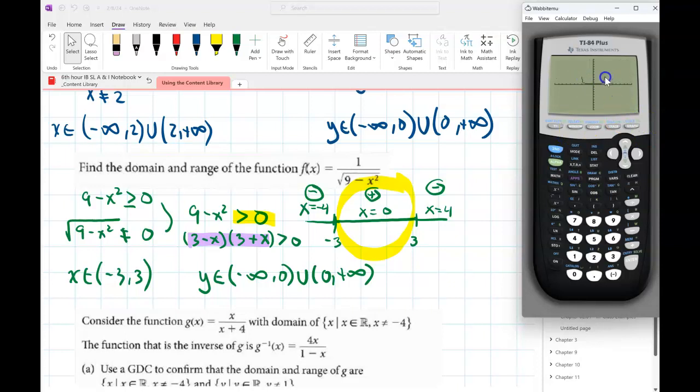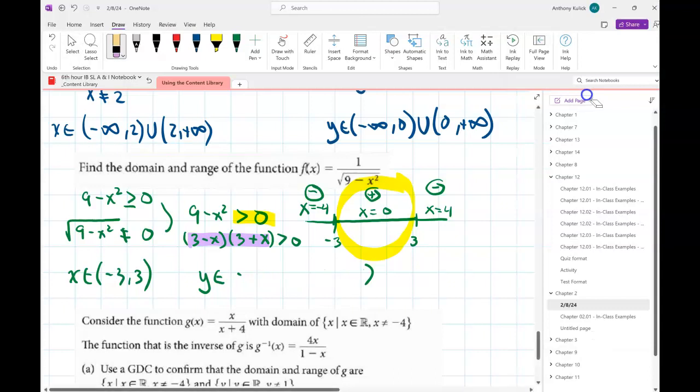You guys see how it looks like the graph stops? It doesn't actually stop there. The graph is just getting so steep that my calculator doesn't have enough pixels to keep up. So what I did was I went back and I said, okay, what if I just plug in something really, really close to -3 and see what's happening? As I continue to get closer to -3, it keeps getting higher and higher and higher, which tells me that it's continuing to go up.